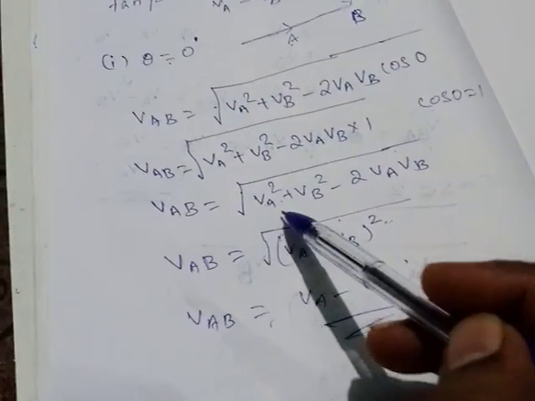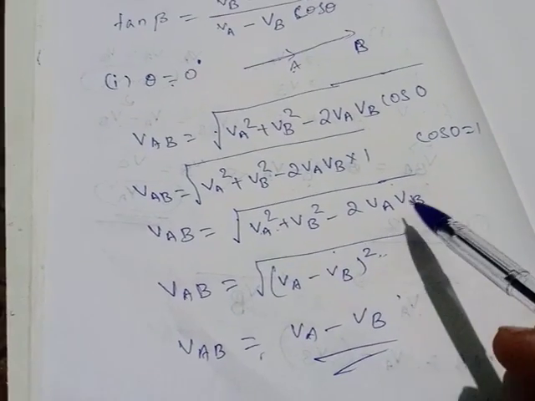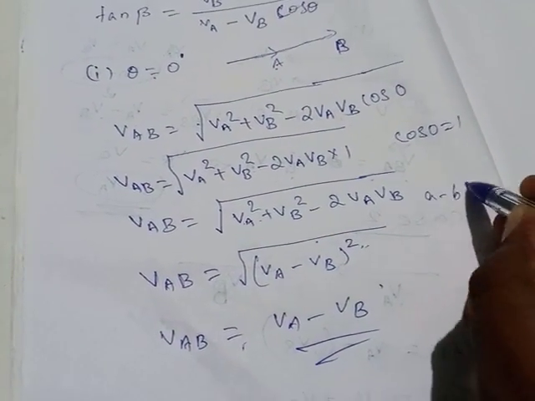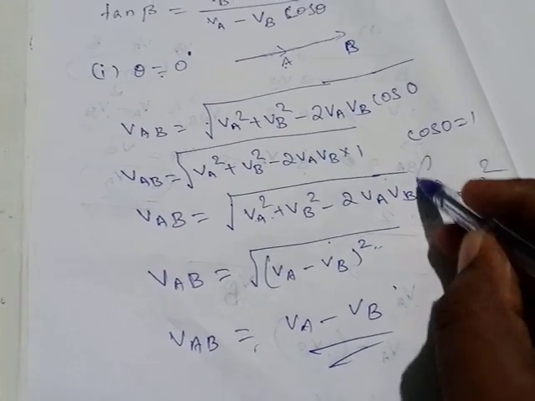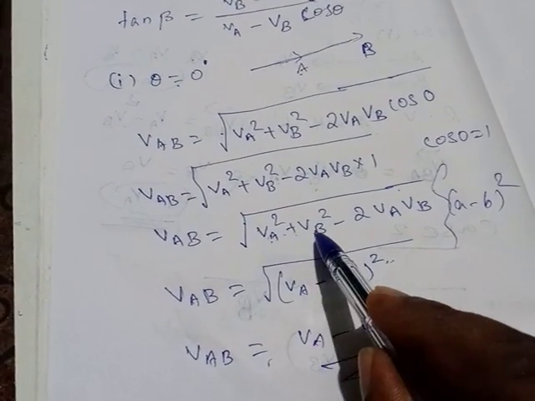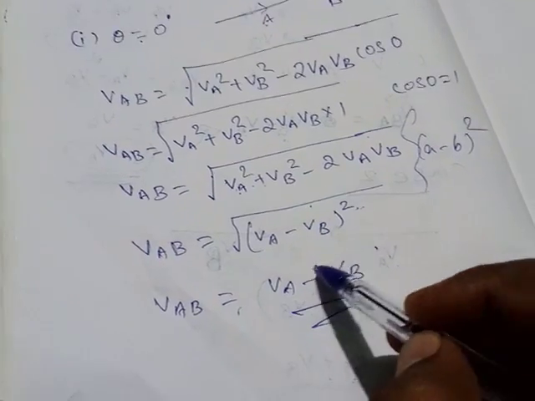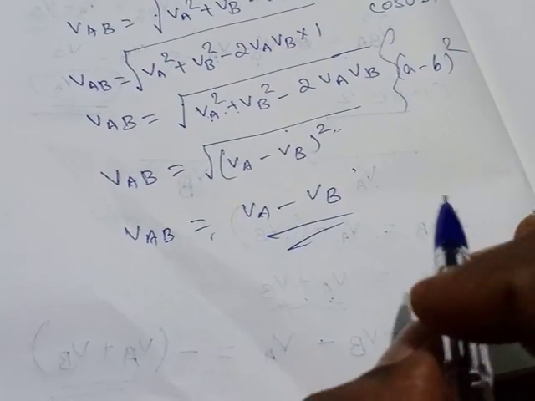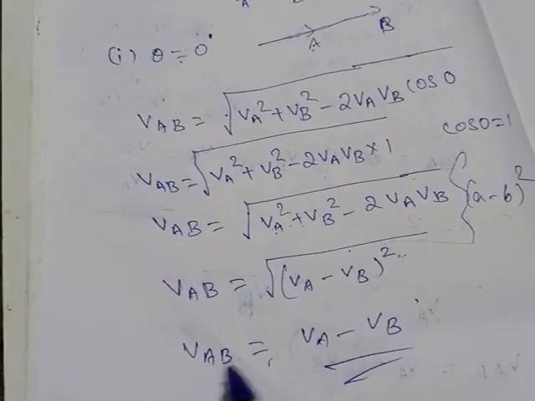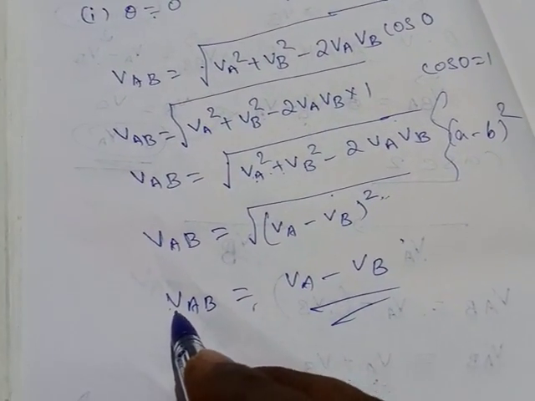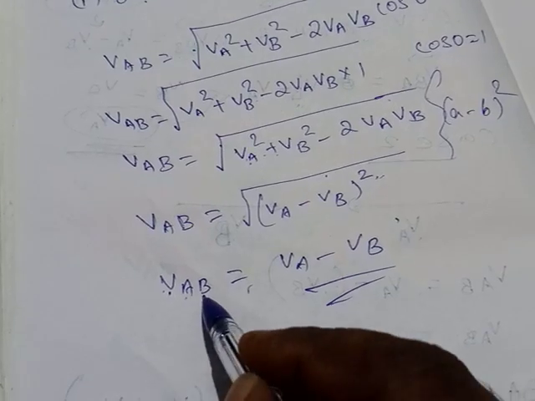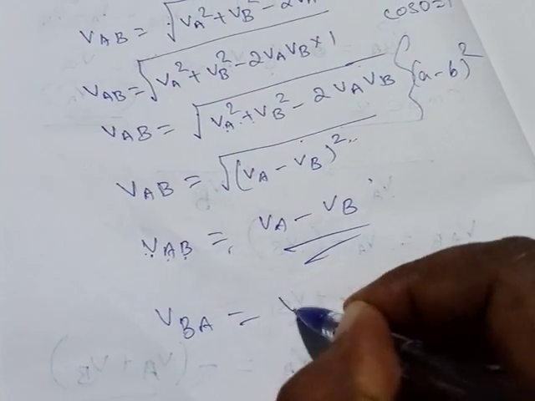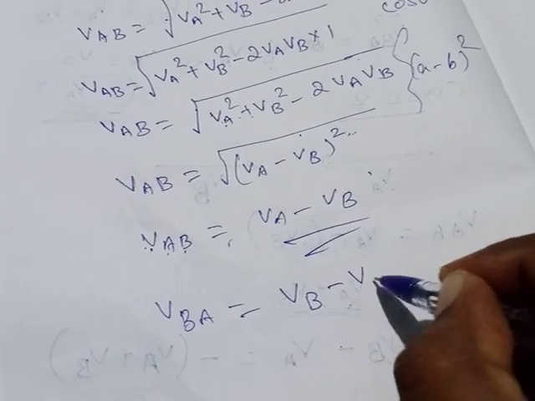This is the relative velocity of object A with respect to B. In the same way, B with respect to A we will get VB minus VA.